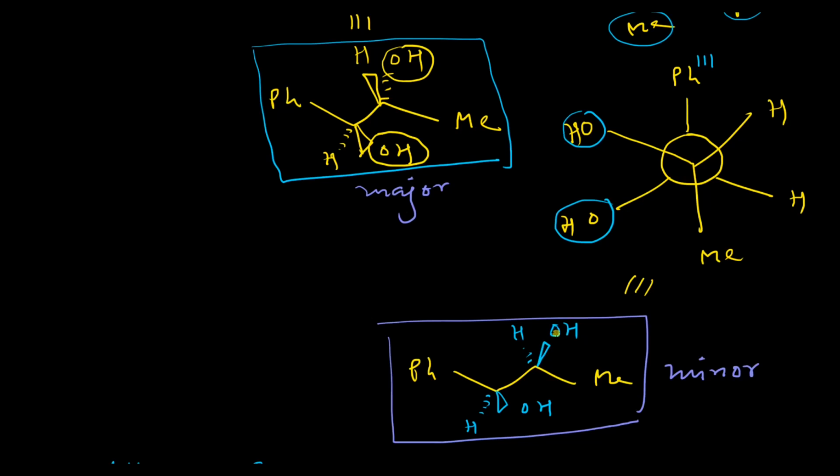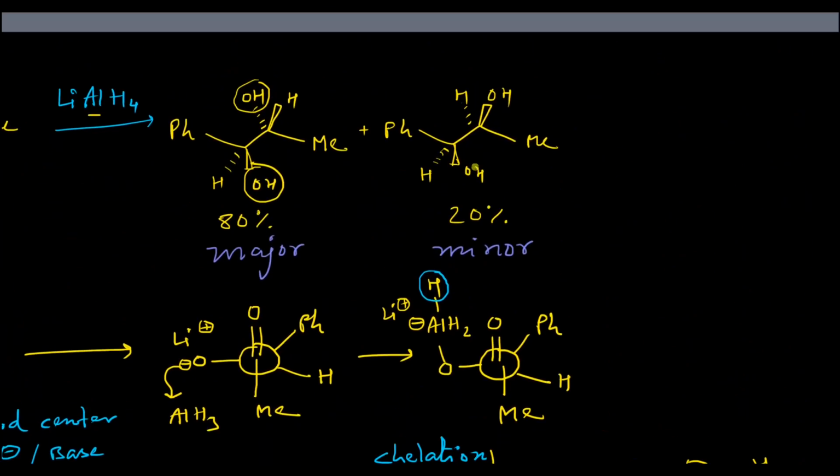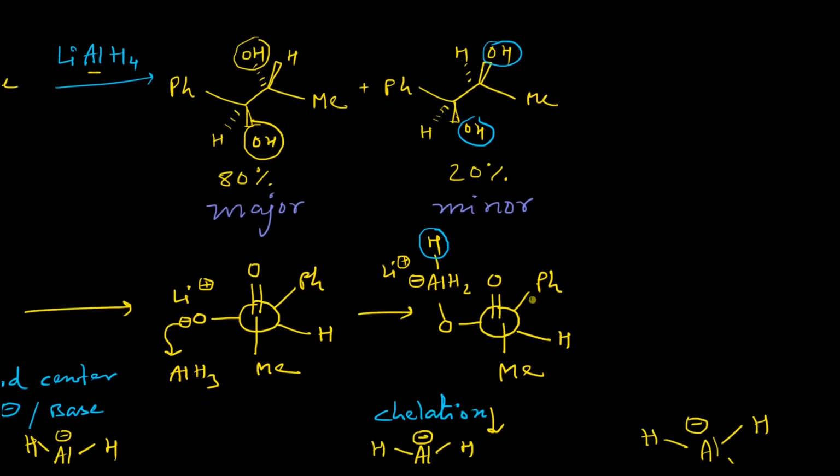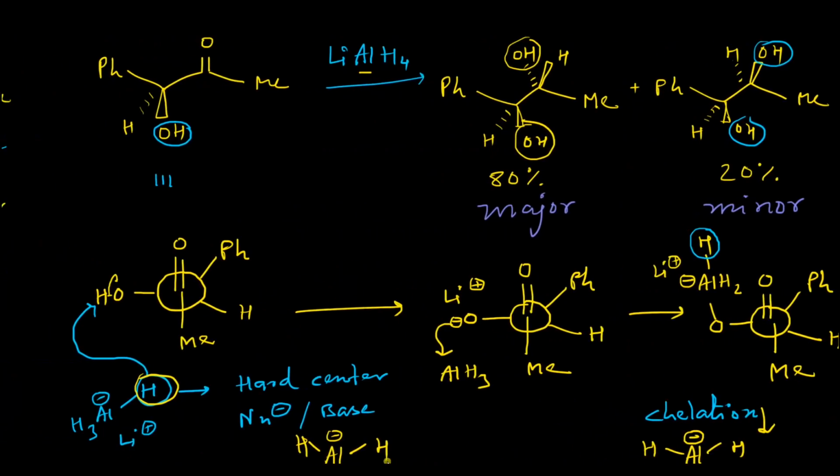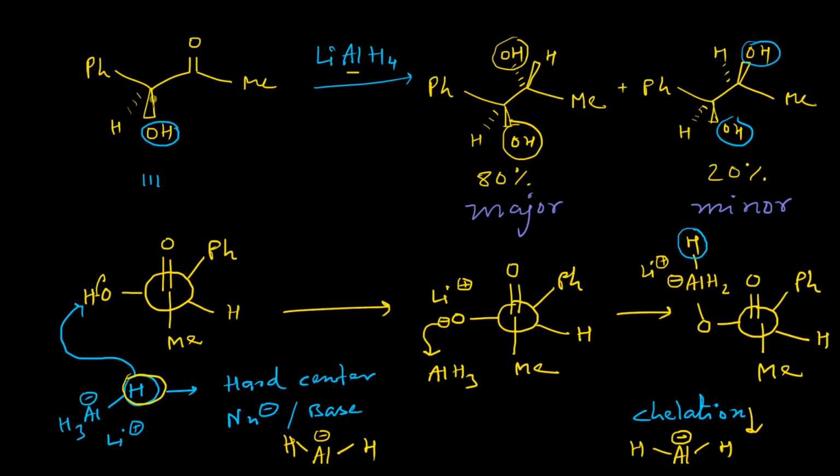So let us match this again. So here both the OH groups are above the plane. Here both the OH groups are above the plane. So we have just understood how the diastereoselective attack by lithium aluminum hydride takes place when an OH group is present on the chiral carbon atom.